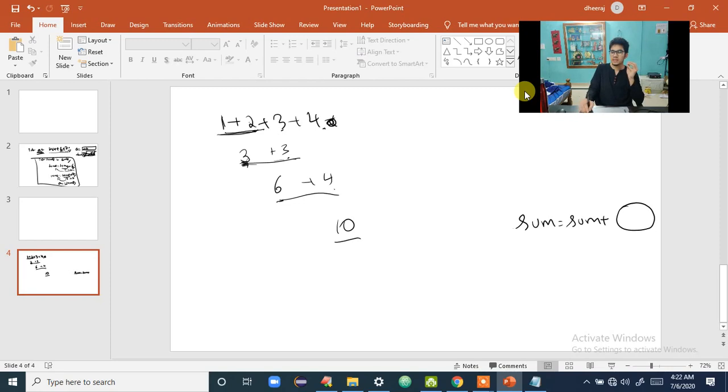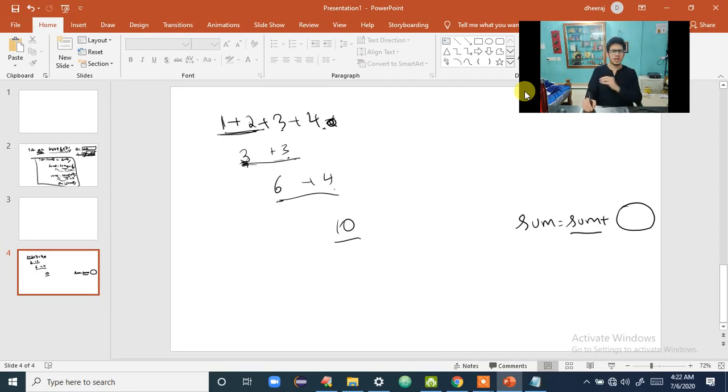The previous value of sum should be added to something, and that result should be stored in sum again. I want you to understand that. Don't worry, this is a beginner's class. When I trace it, you'll understand more clearly.